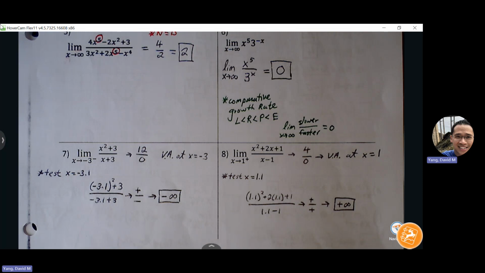Yes and no, I think. So here's an example. Let's say I had this limit as x approaches 3 from the left side of 3 of 1 over x minus 3. Here, you know that this is a vertical asymptote, right? But it's x approaching 3, so technically the limit doesn't exist.